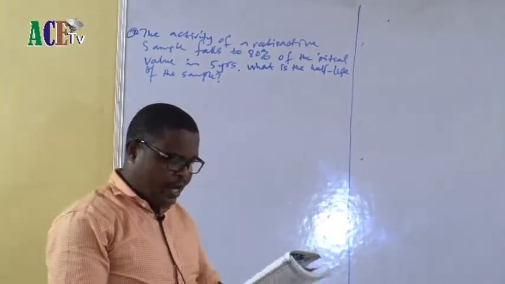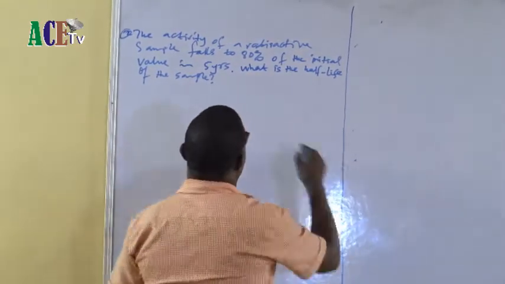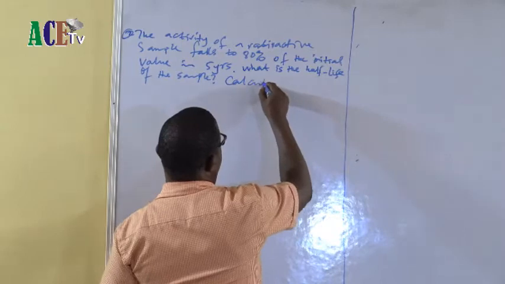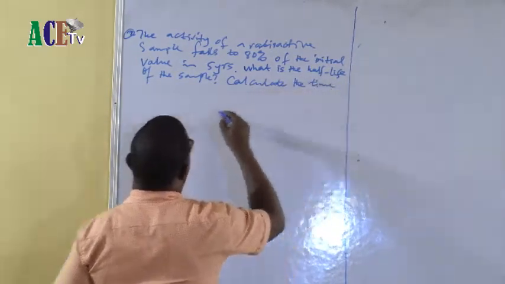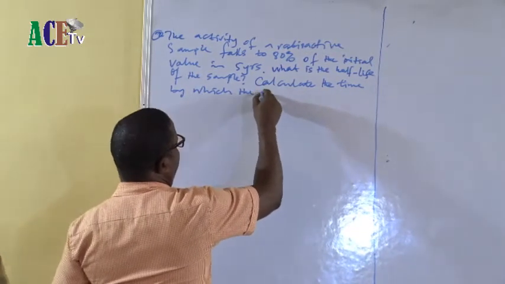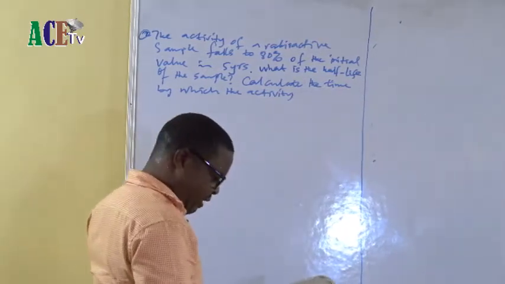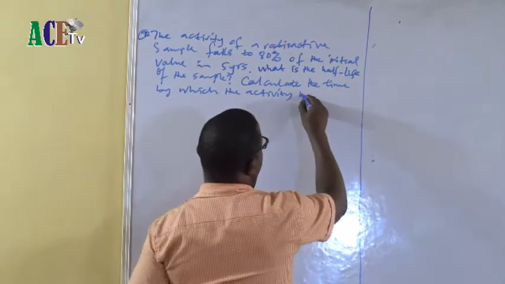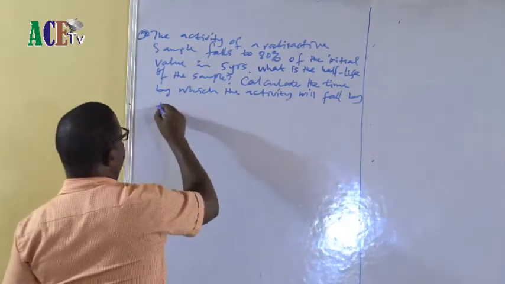Question 2 there: calculate the time by which the activity will fall by 80%.